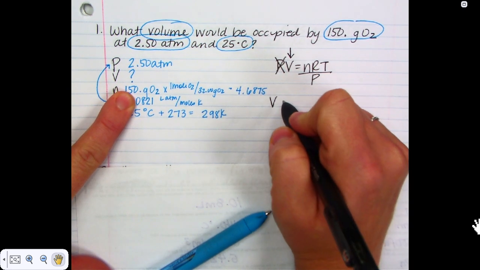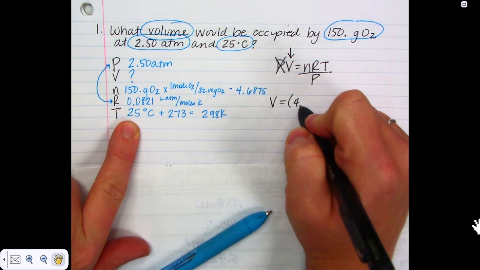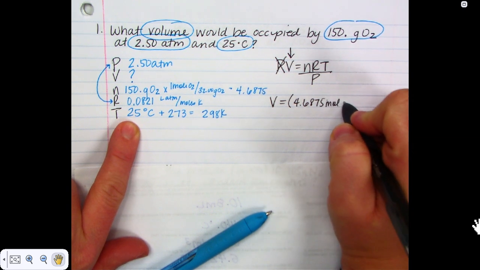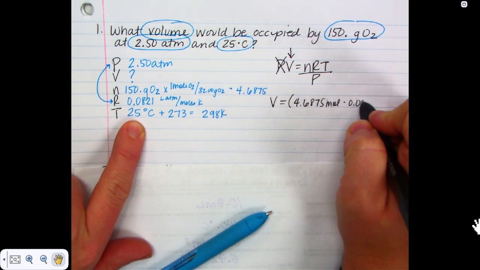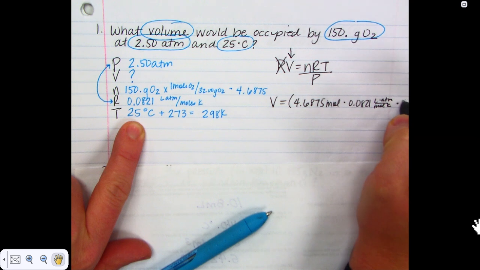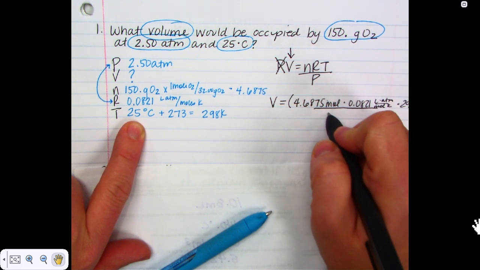So V is going to be equal to the moles, 4.6875 moles, times 0.0821 liters atmospheres over moles Kelvin, times 298 Kelvin over, what was my pressure?